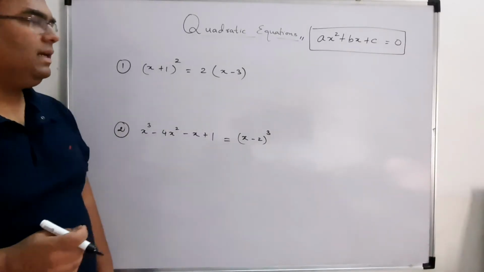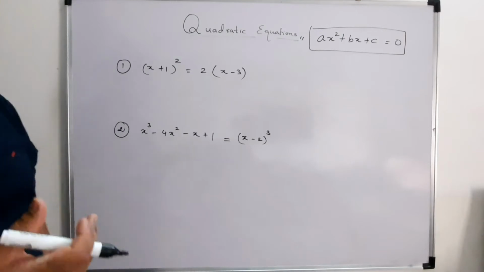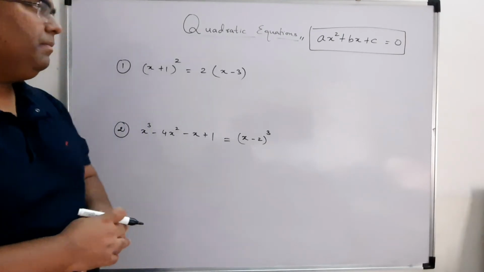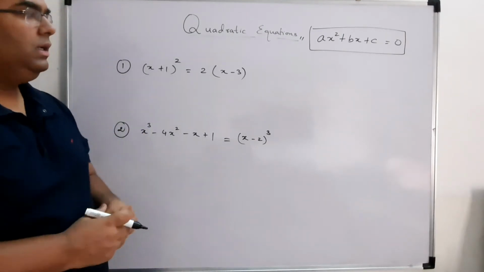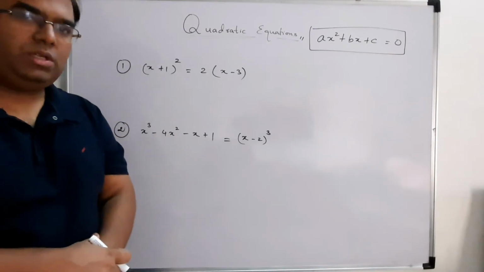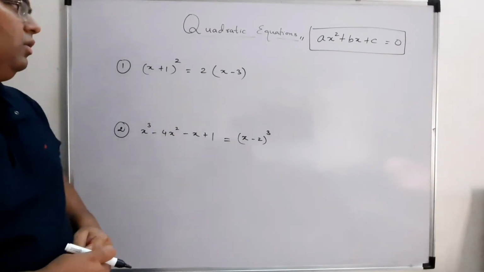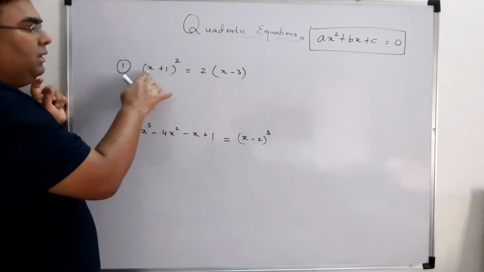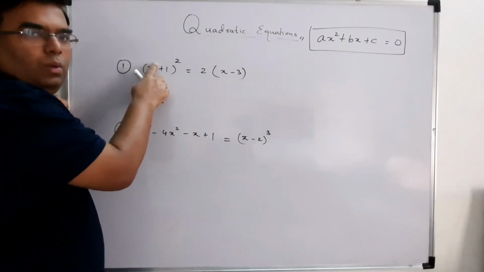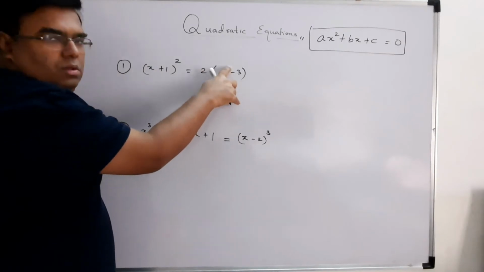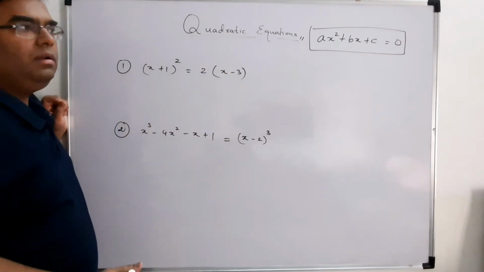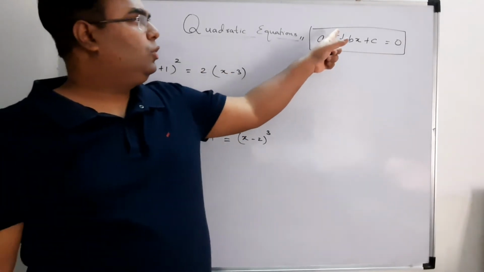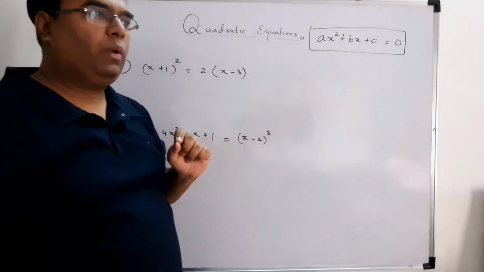Now let us understand the different varieties also. Here we need to check whether these are quadratic equations or not. Just looking at the equation, you can say that the power of x is 1 here. Here is also 1. But we know that the power should be 2 for any quadratic equation.